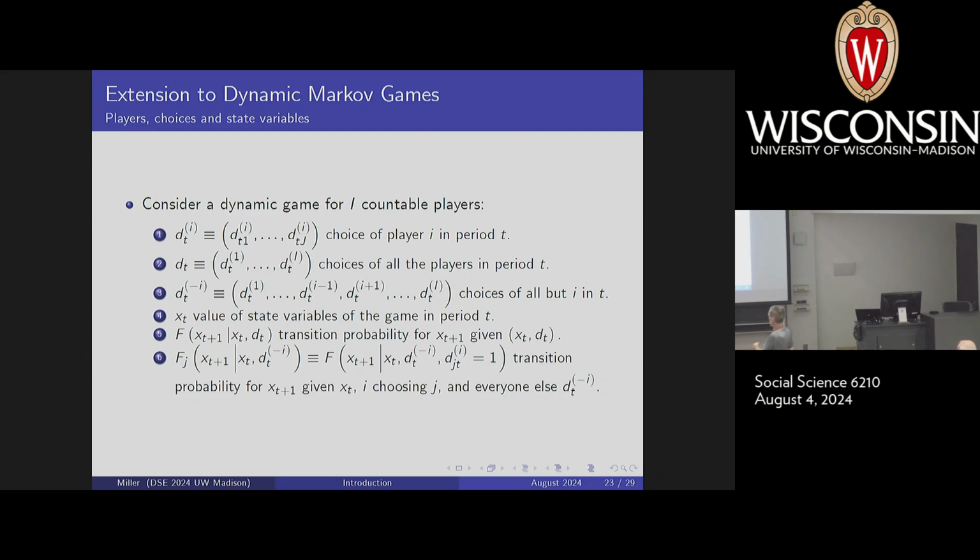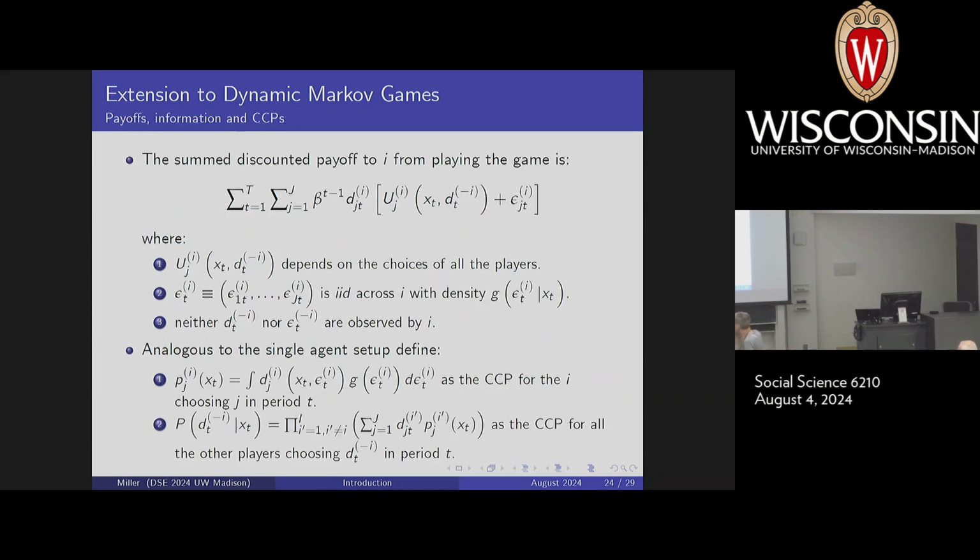In this case, the rest of the world means the other firms acting in equilibrium. So this is our transition probability. You're going to get a utility that depends on what everybody does, including what you do. There's the disturbance that you get, still appealing to the conditional independence assumption.